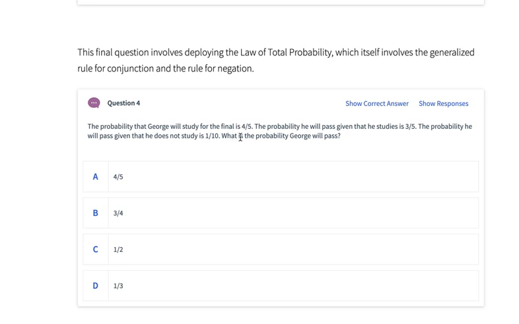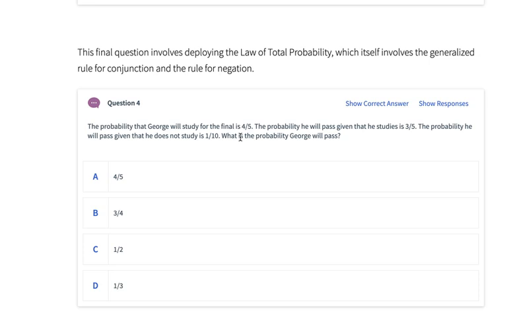Okay, so I'm just going to write down for myself what these are. Again, we'll use S to stand for the sentence that George studies. So the probability of S equals 4 over 5.